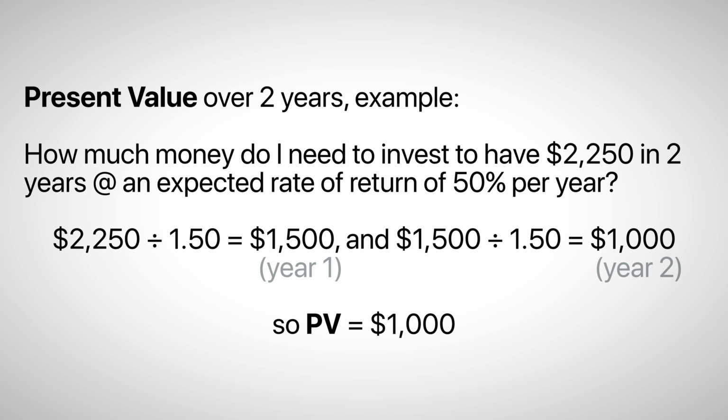Working backwards from that, we can find our present value by taking the $2,250 that we want after 2 years and dividing it by 1.5, which gives us $1,500 at the end of the first year. Take that $1,500 and divide it by 1.5 again, and we get the $1,000 that we need starting out. So $1,000 is the amount that we need to invest today in order to get $2,250 over 2 years at an expected rate of return of 50%.